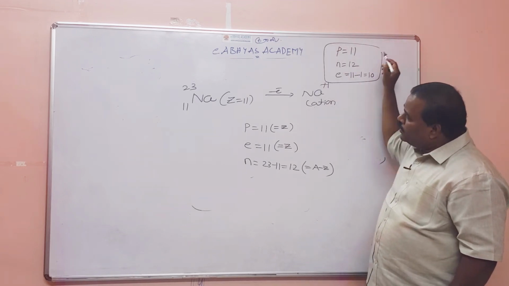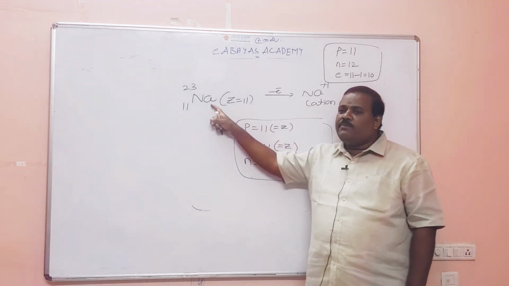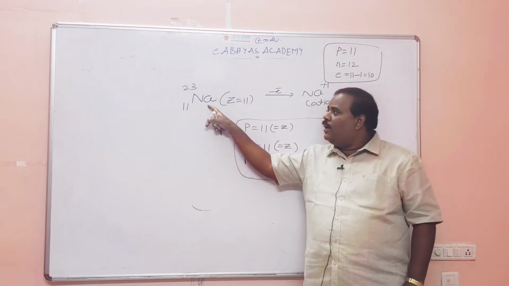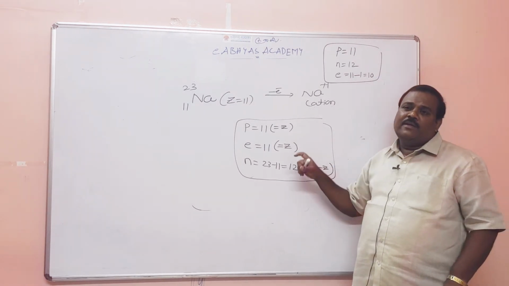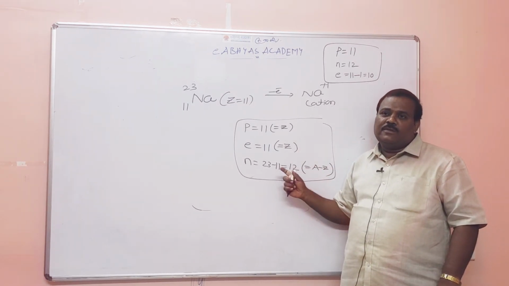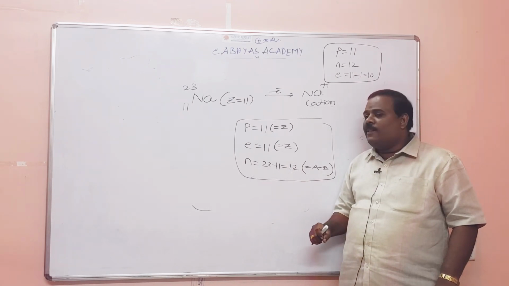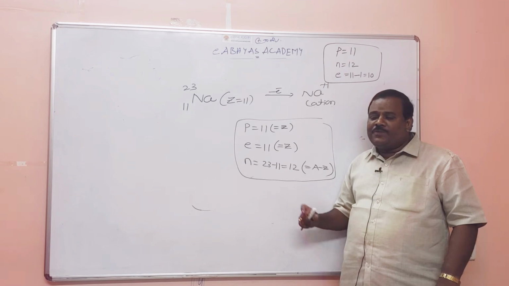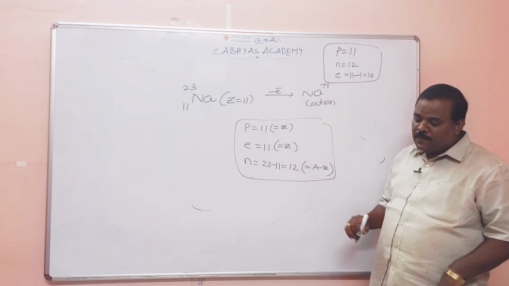Therefore, one important point here is that a neutral atom means an atom without charge, and a cation must differ in number of electrons. They may have the same number of protons and neutrons, but they should differ in electrons in the case of a cation.